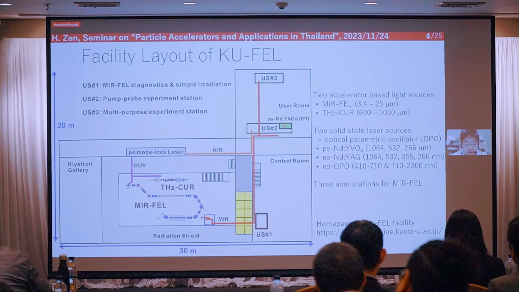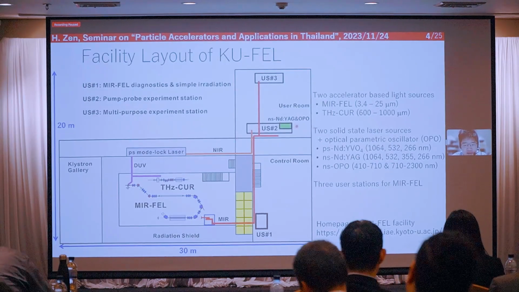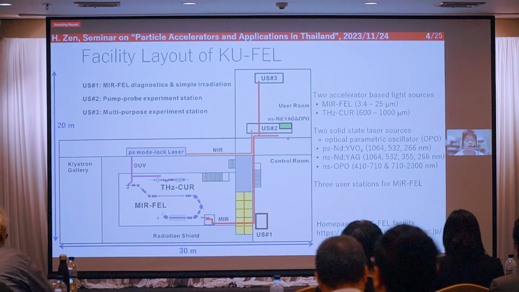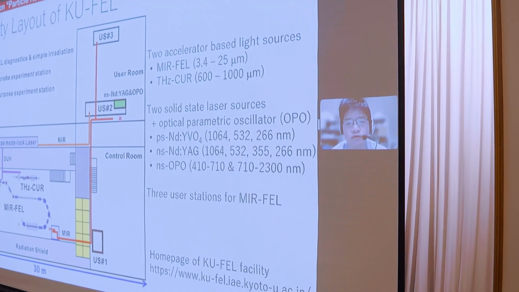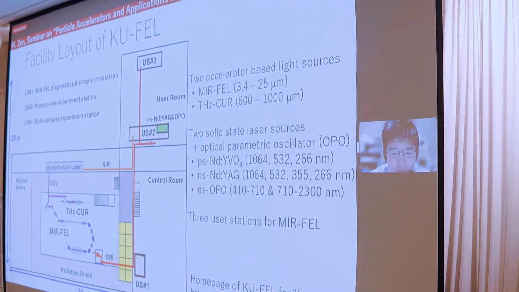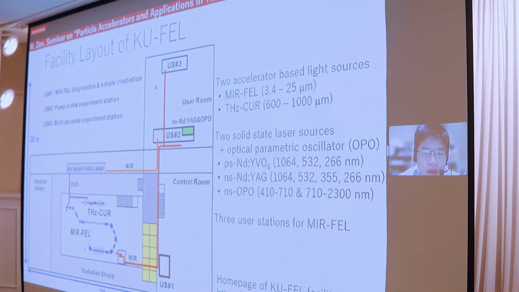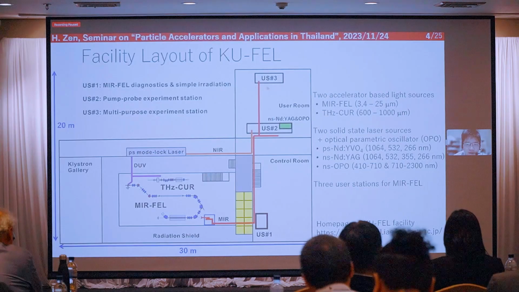We can use the picosecond laser and nanosecond solid-state laser together with the FEL in here, and we can also use a cryogenic environment for the sample. We can cool down the sample to 6 Kelvin, and we can perform pump probe experiments at very low temperature. And user station number 3 is for multi-purpose experiments.